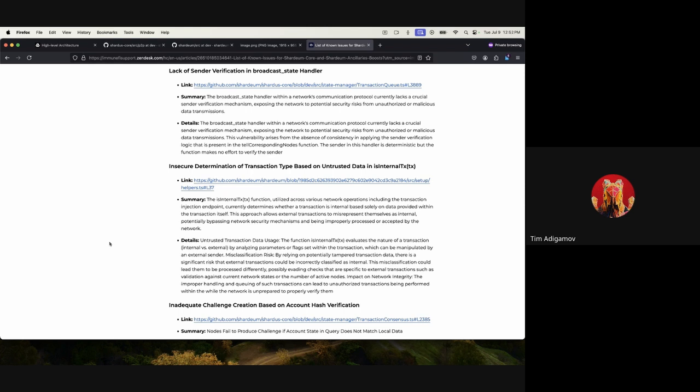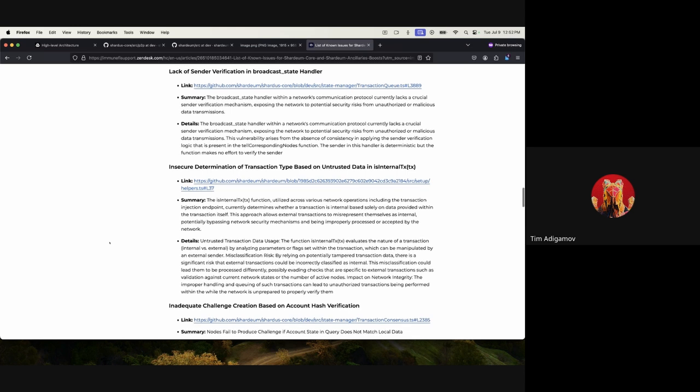And the handler of this broadcast state has some security issues in validating that the sender is the correct one. Without this validation, an attacker can send an invalid state for the source account, and the transaction will be executed based on an invalid state.